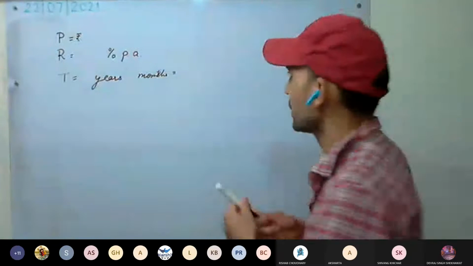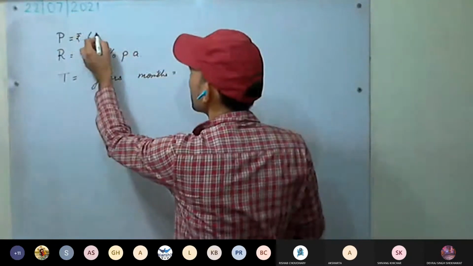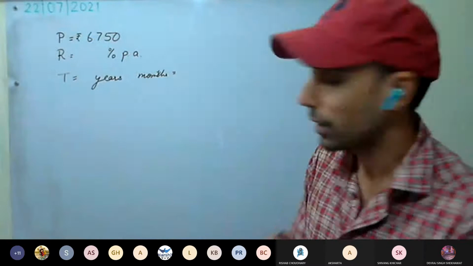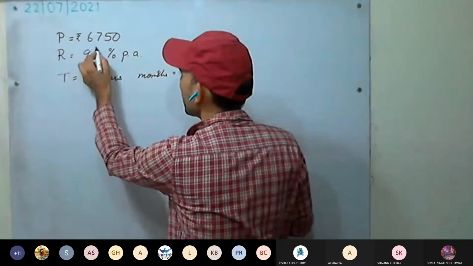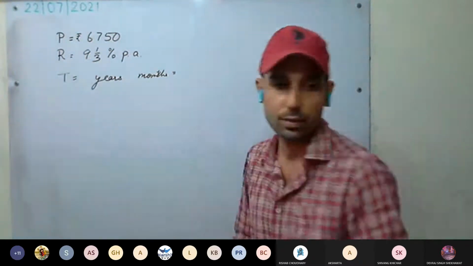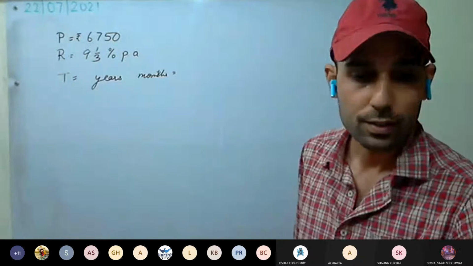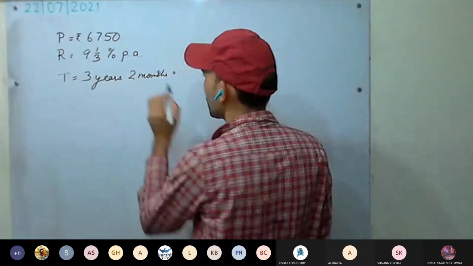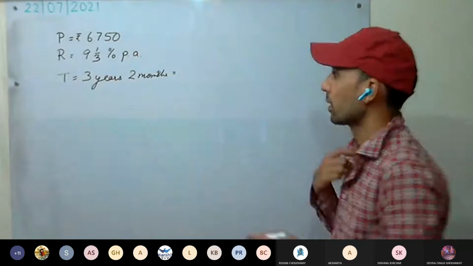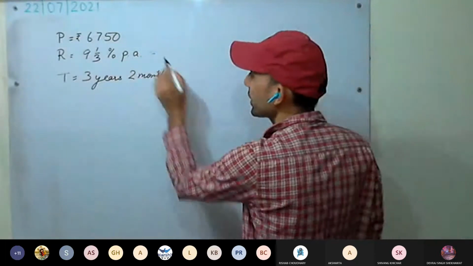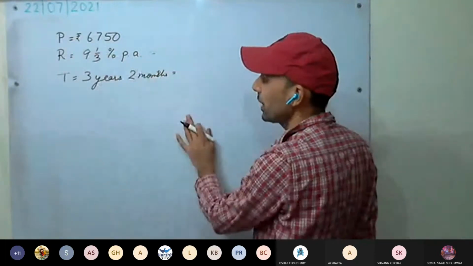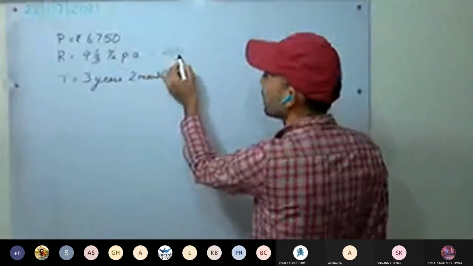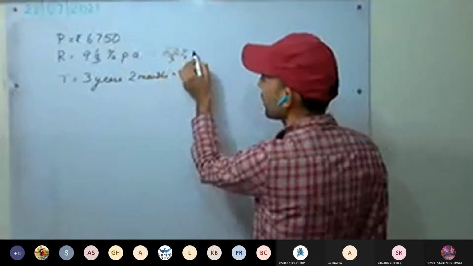6750. 9153. And 3 years, 2 months. So the rate we can write as 28 by 3, 28 by 3% per annum.